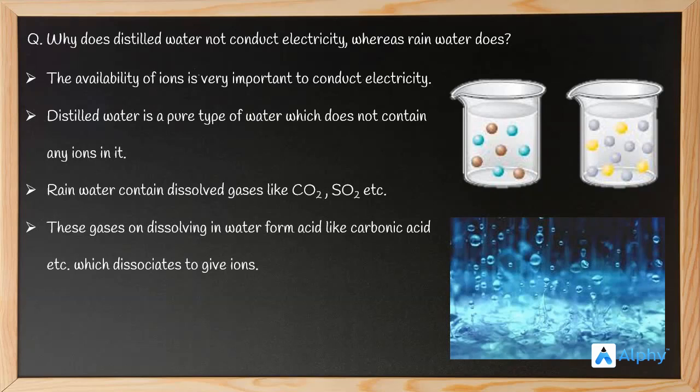So the major difference between distilled water and rainwater is that distilled water is the purest form of water, and so it does not contain any ions within it. However, rainwater isn't that pure.